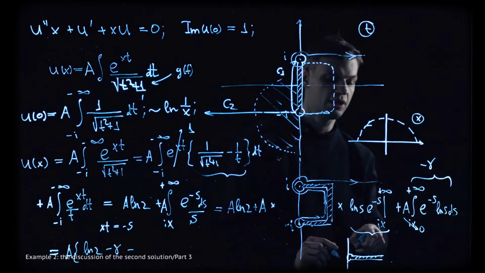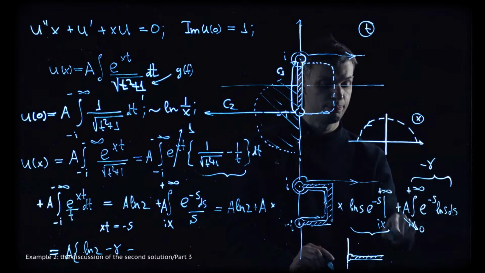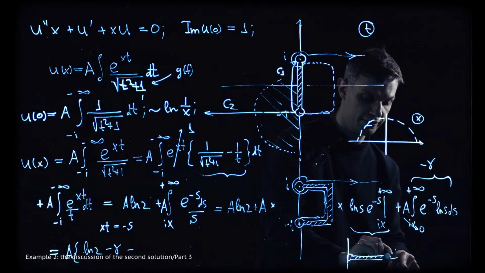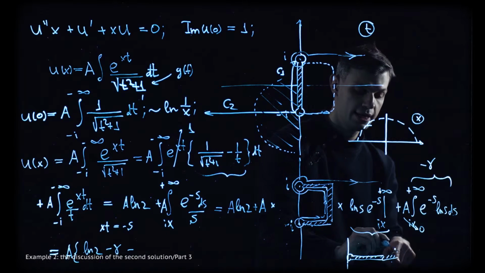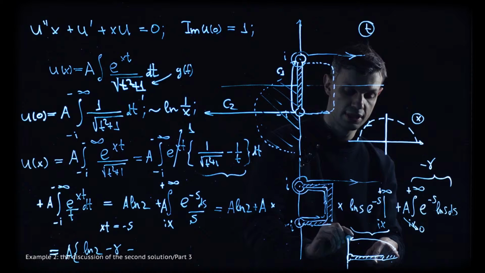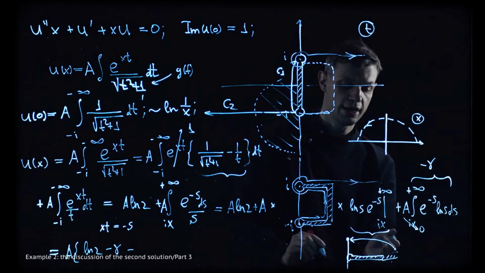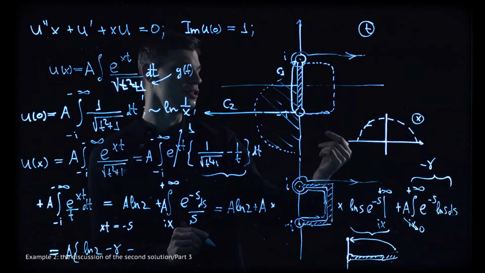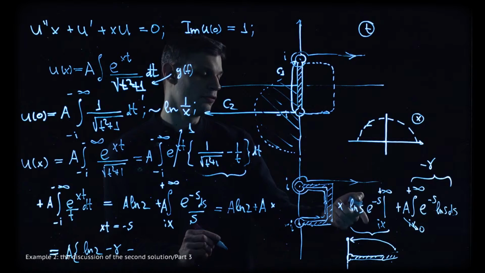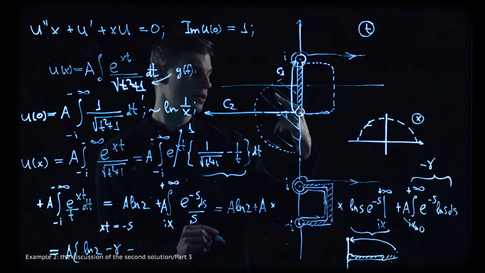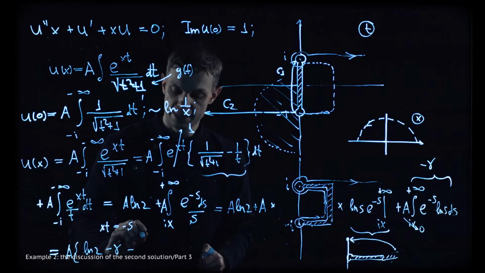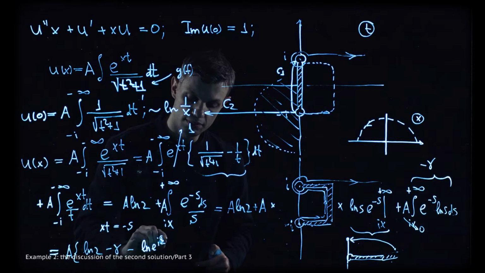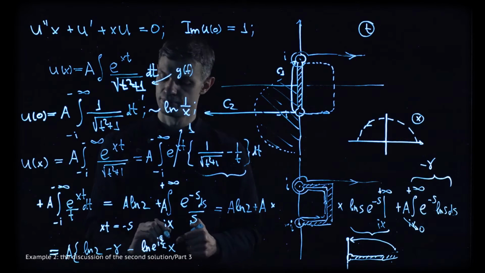And then you compare the value of your function at plus infinity, obviously plus 0, and somewhere above the branch cut, at point i, right? You see that the change of the argument is pi by 2. So you need to choose the correct value of the logarithm of i as e to i pi by 2. So now you get logarithm of e to i pi by 2 x.